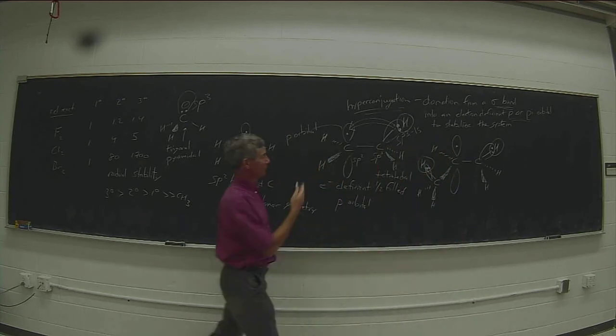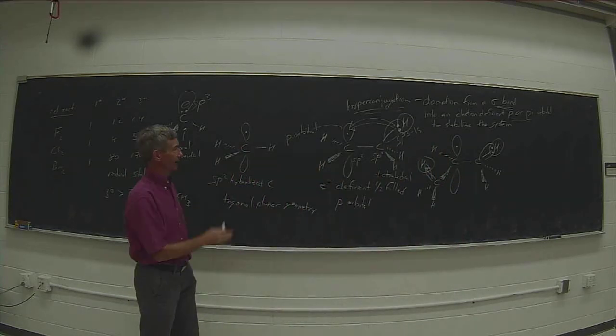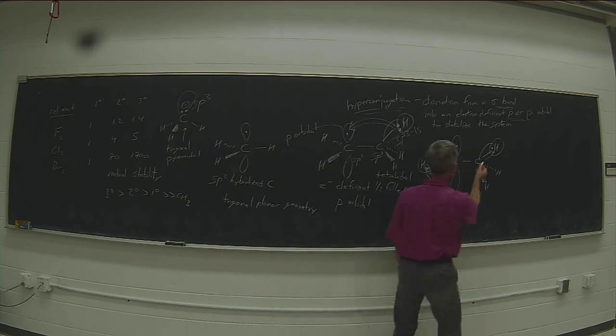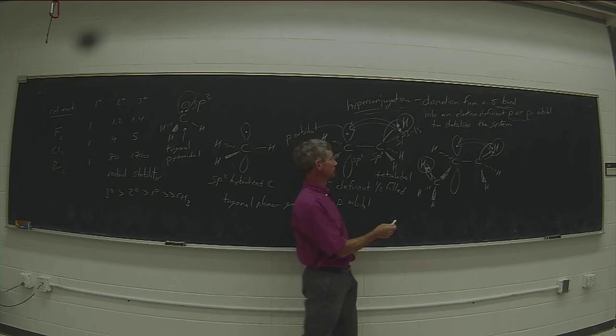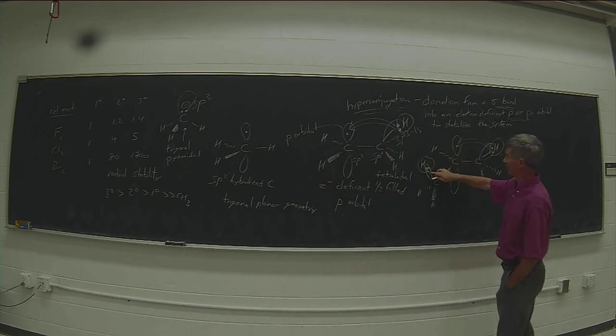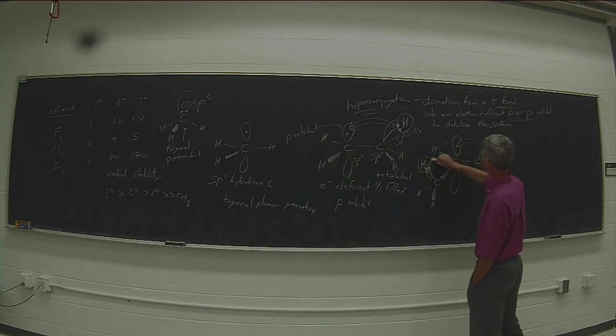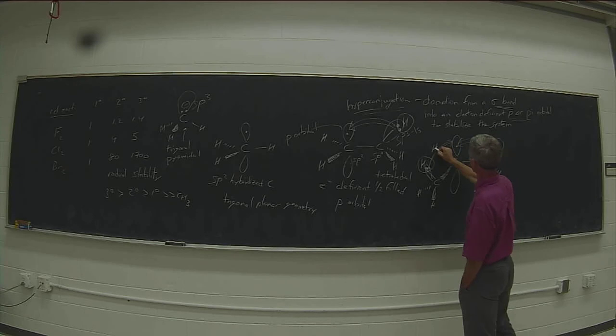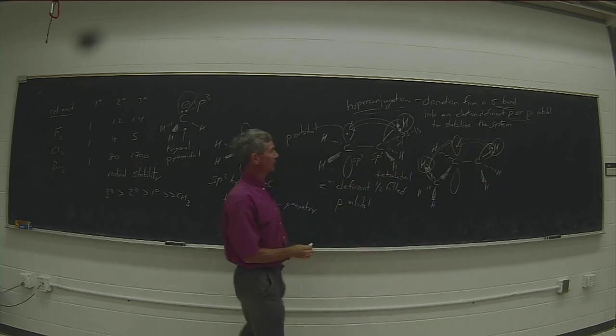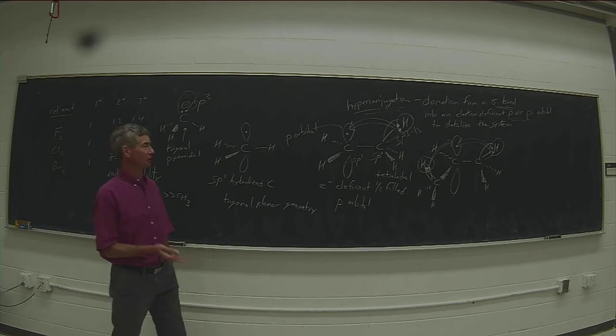Now we have the same hyperconjugation interaction that we had with the ethyl radical, but we have an additional hyperconjugation interaction from the other carbon-hydrogen sigma bond. And so now we can get stabilization from two sigma bonds donating.